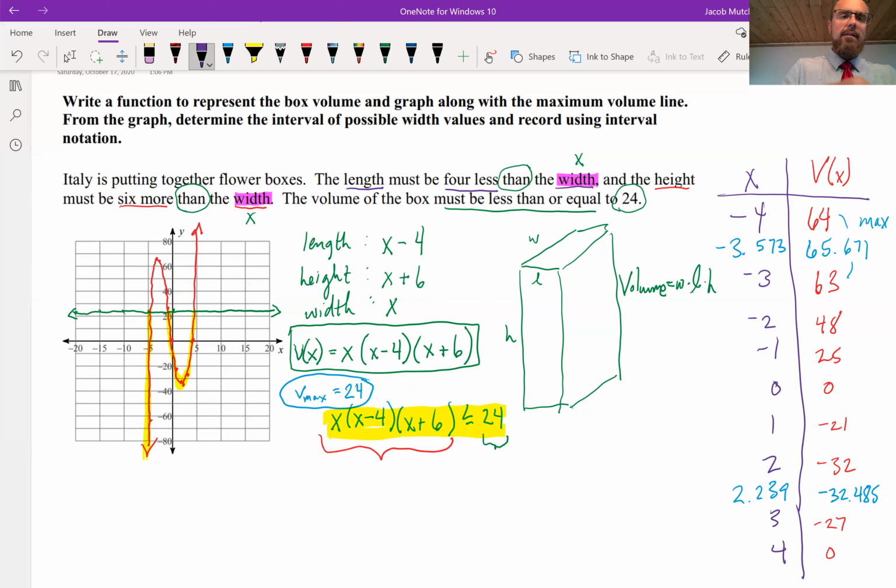So just to think about our domain and our range, our domain here, if I'm thinking that it's connected to widths, lengths, and heights, has to be only part of our x real line. It can't include the negative values because, again, distance can't be negative. It must be either 0 or positive.